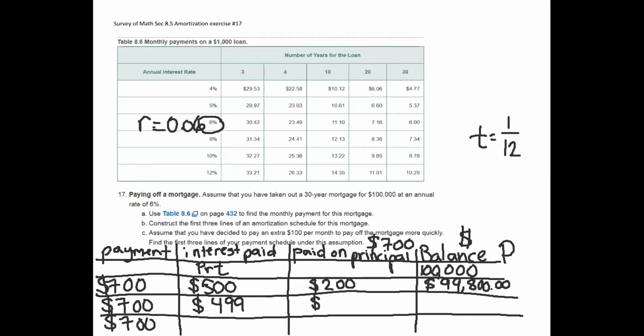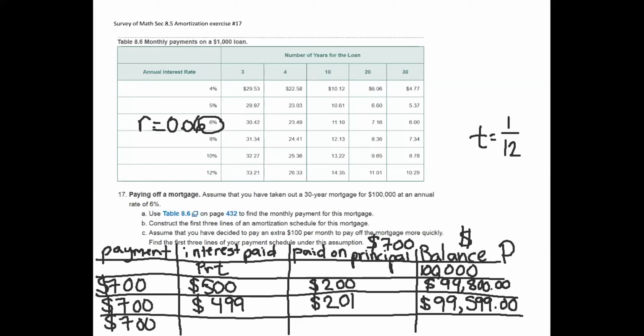The other $201 is going toward your principal. And on the second payment, with just paying an extra $100 a month, we're down to $99,599, which is less than when we paid 3 payments before.